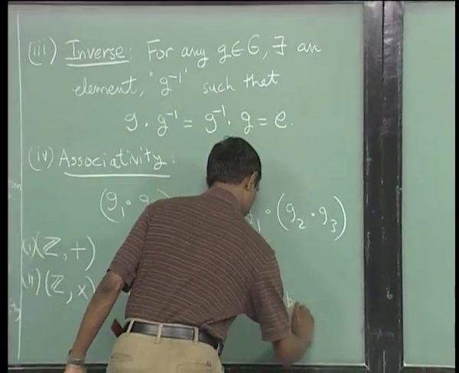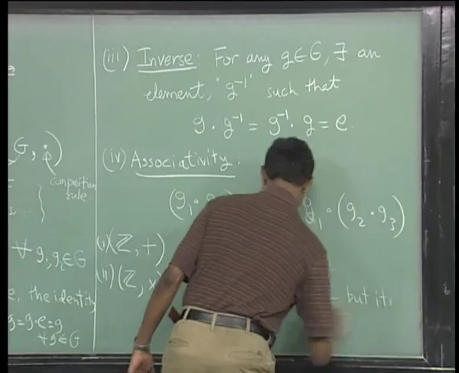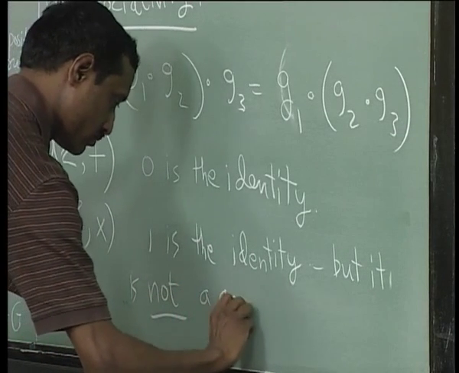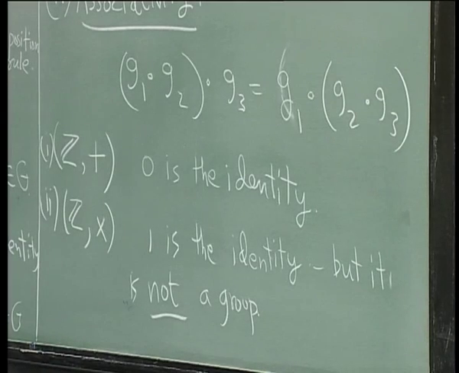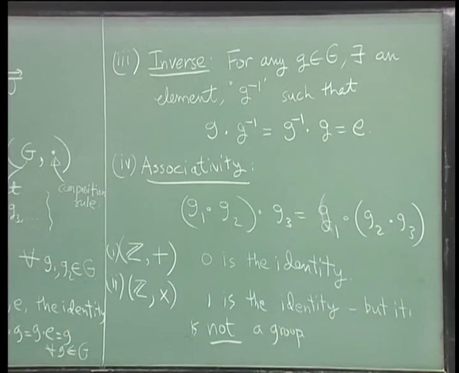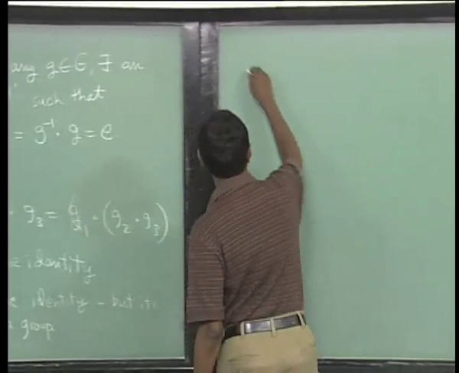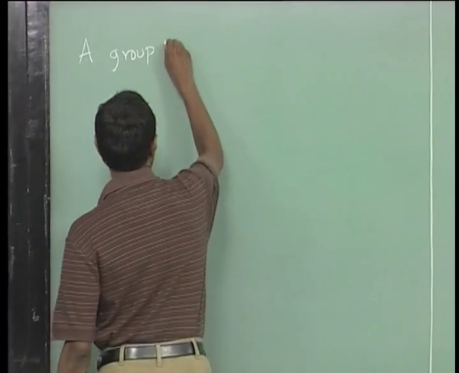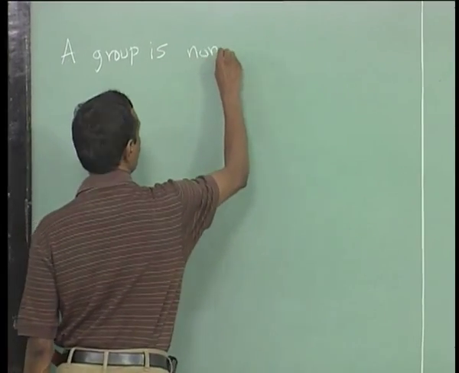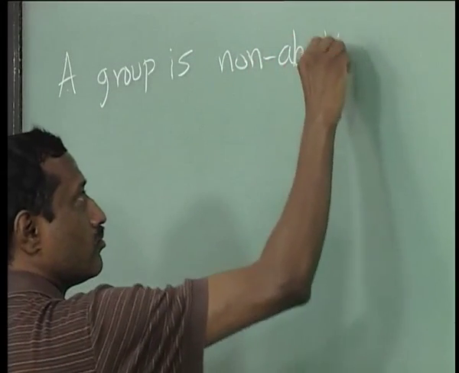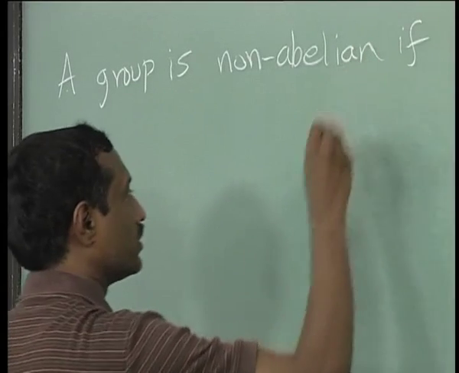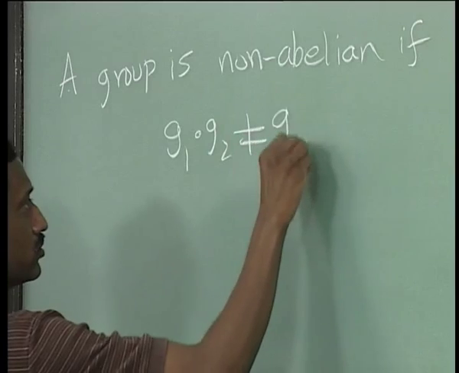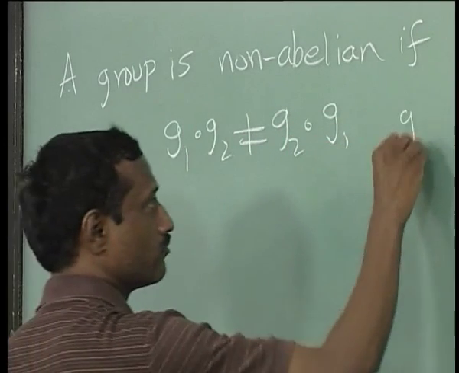But okay, then there are some more sort of if statements. You say a group is non-abelian if G1 dot G2 is not equal to G2 dot G1 generically.